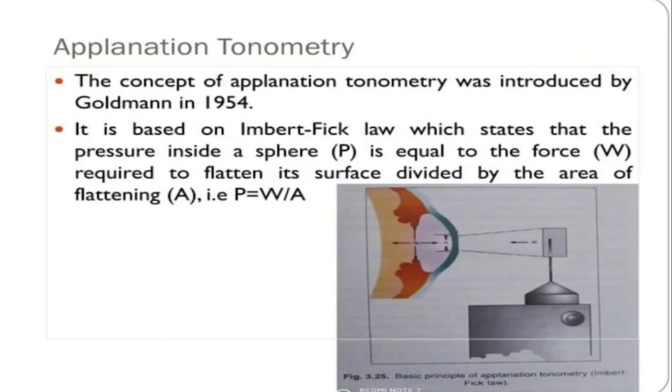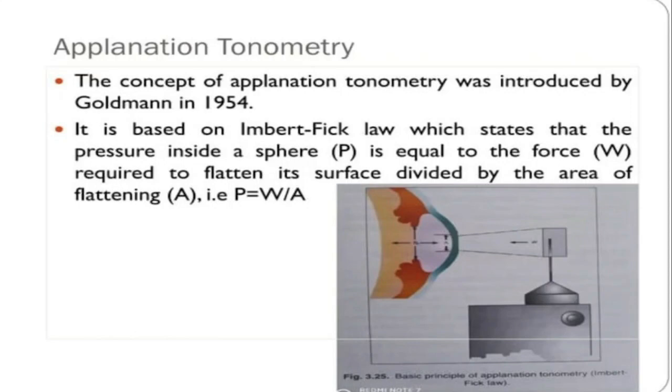The tonometer tip is typically sterilized and then placed on the anesthetized cornea. A small amount of pressure is then applied to the cornea until it is flattened, and the force required to do so is measured. The force is then converted into the measurement of IOP in millimeters of mercury, or mmHg.